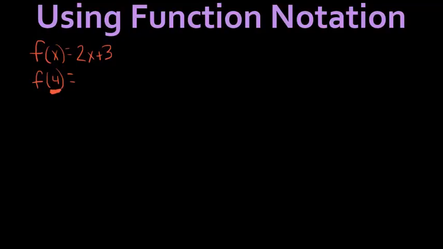So the f of 4 is equal to 2 times 4 plus 3. So the f of 4 is equal to 2 times 4 is 8 plus 3 is 11.